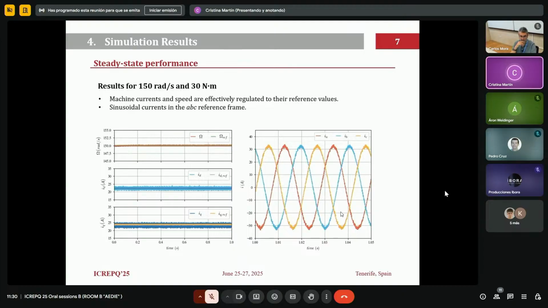On the left, you can see the rotor speed and the stator currents with their reference values. It is obvious that the controller can effectively regulate the system. On the right, you can see the phase currents that show an adequate sinusoidal shape.